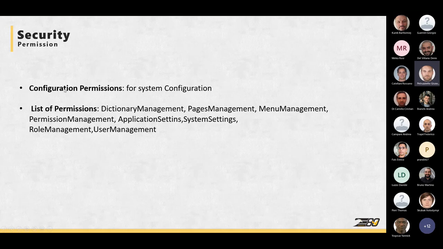Another type of permission is the configuration permission, used for the configuration of our system. Which permissions are these? For example, the permission to edit the dictionary, in this case the translation, the pages, for example the menu, the part related to roles, users, and permissions, and application settings and system settings.